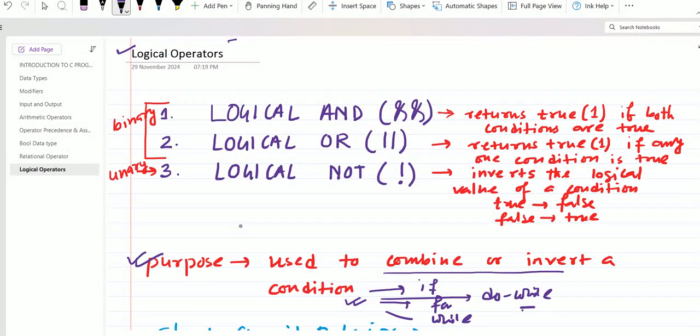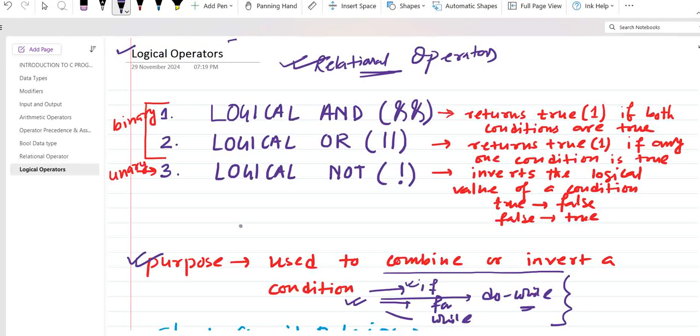Once I finish logical operators, we are going to see the if statement, which we call a conditional statement. But without this, we can also write a conditional statement by using the relational operators that we discussed in the last lecture. In the logical operators, only three operators are listed.